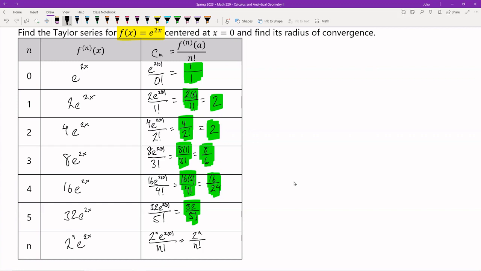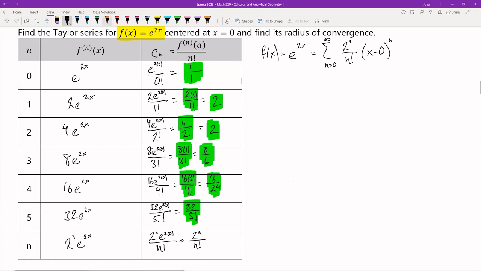So this means that my f of x is equal to e to the 2x. It is also equal to the sum from n equals 0 to infinity of 2 to the n over n factorial times x minus 0 to the n, since we wanted it centered at 0.